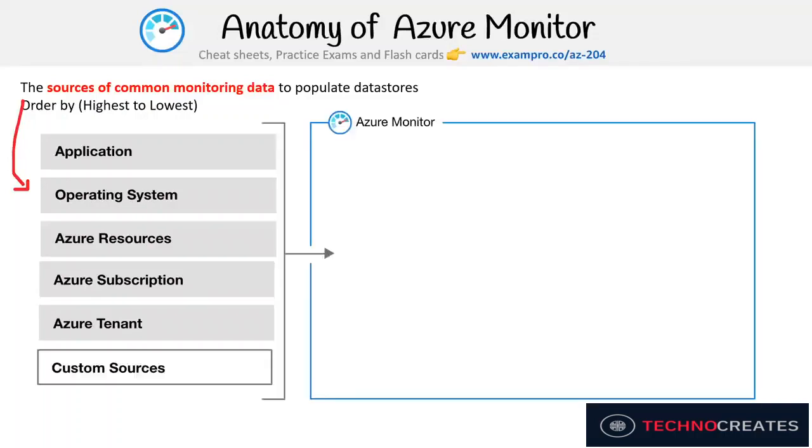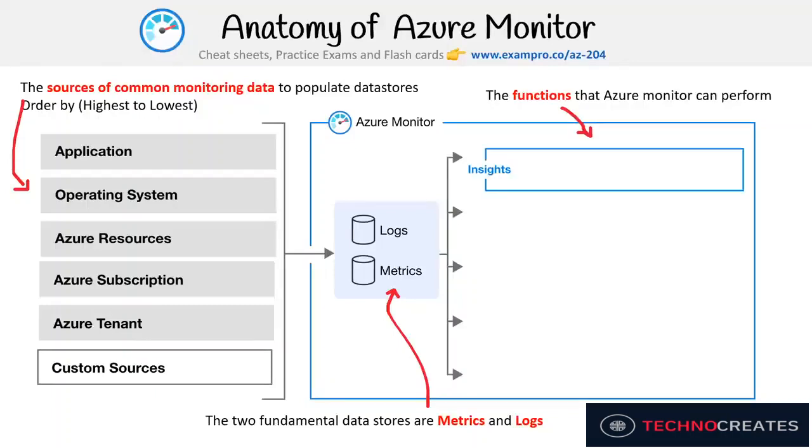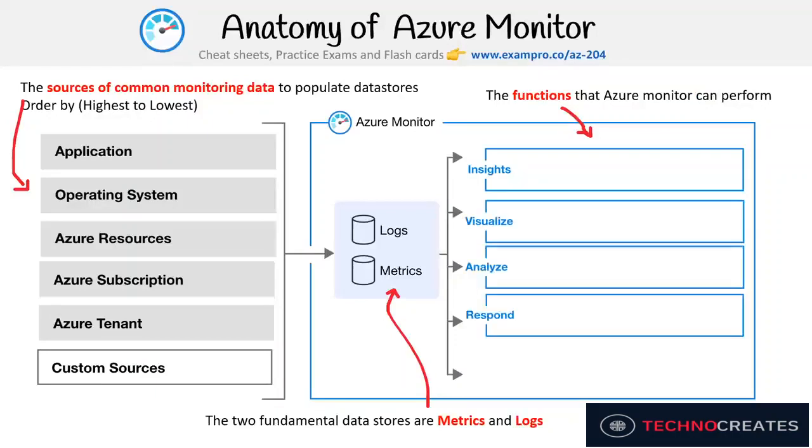And once you get those into Azure Monitor, you have to store them somewhere. You're going to put them in logs and metrics. And these are just data stores within Azure Monitor that you're going to be able to work with. And once you have that data in there, you're going to be able to leverage different services to do different things. We will call these functions. So you can perform insights, visualizations, analysis, response, and integration.